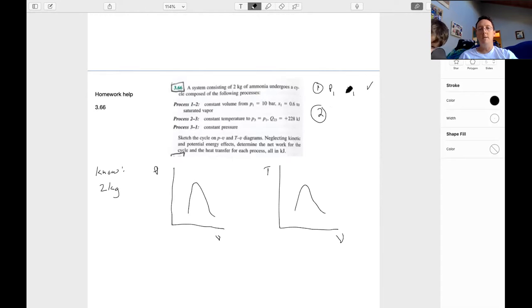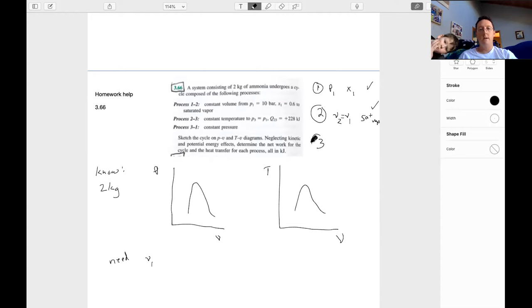So let me make a grocery list here. Need to get a specific volume at state 1, because then that's going to remain constant. At state 2, I'll know that specific volume 2 is the specific volume of state 1. So that's one fact. And I know it's also saturated vapor. So that's two facts for state 2.